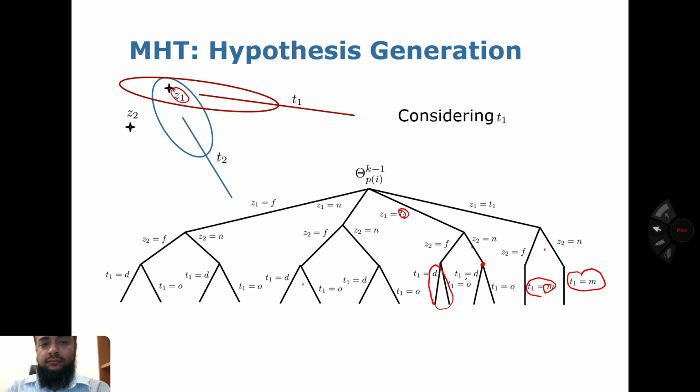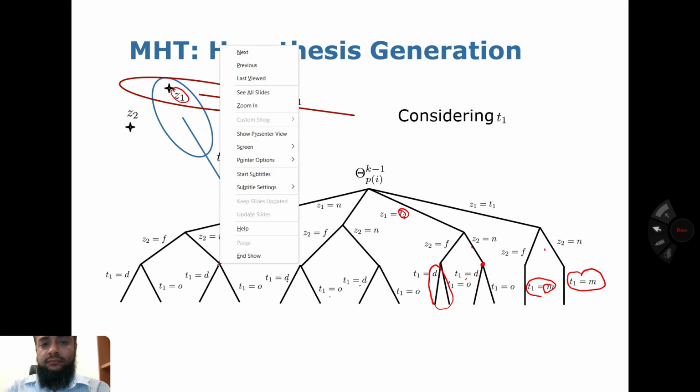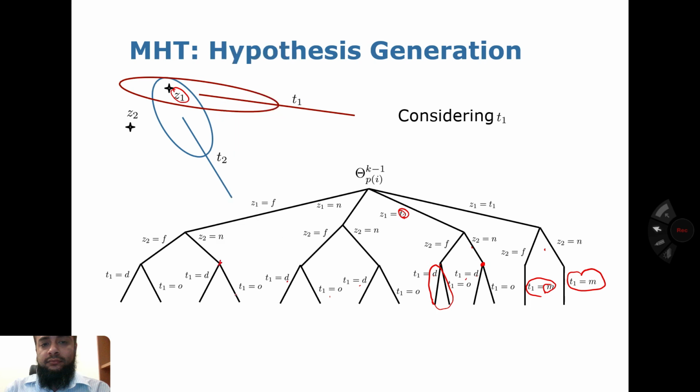And similarly, in this case, the correct one should be deleted or occluded. And similarly, this hypothesis will create two more hypotheses, and similarly it will create more hypotheses, deletion and occluded.